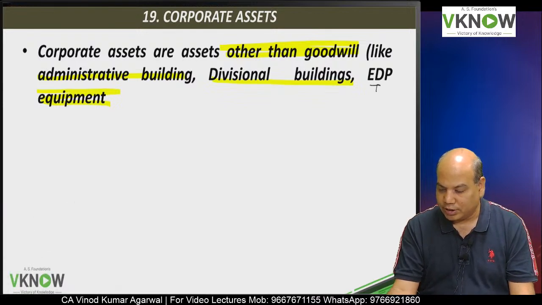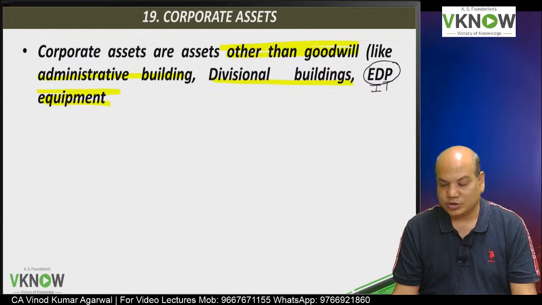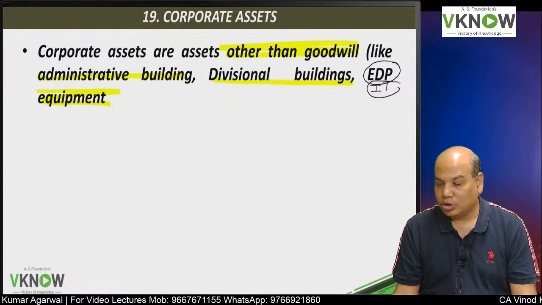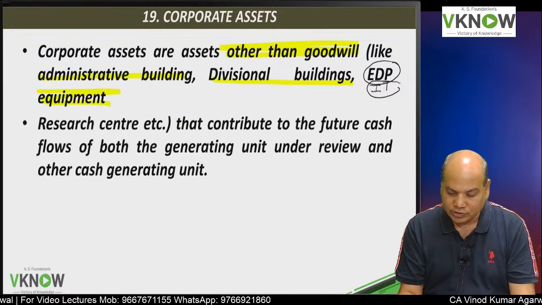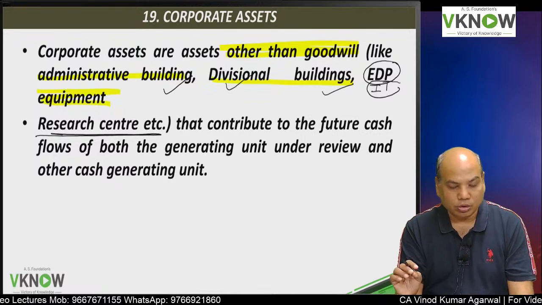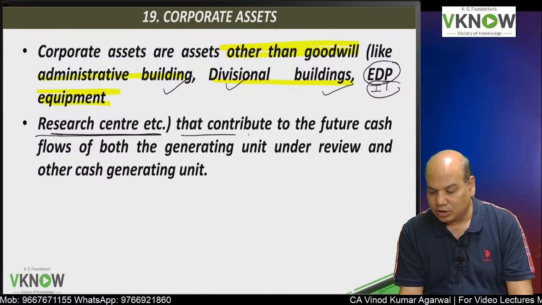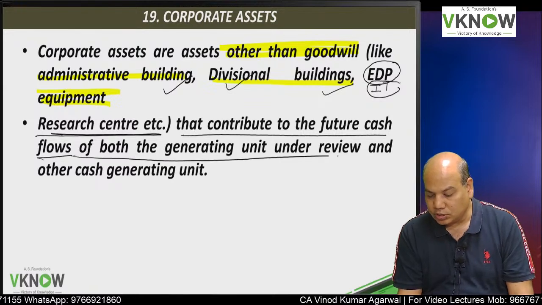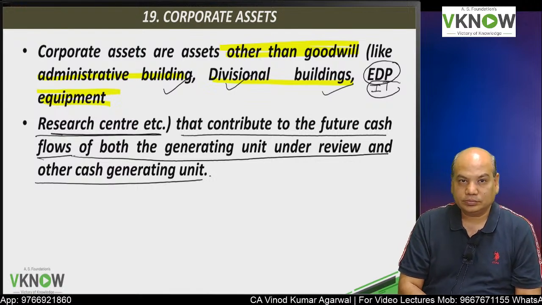Every company has got IT or EDP, electronic data processing. Nowadays it is called the IT department, where they process all your information technology related work, or you can also say research department. If you look at this example, you will understand on their own they don't generate cash flow, but they help other CGUs in generating cash flow that contributes to the future cash flows of both the CGU under review and other cash generating units.